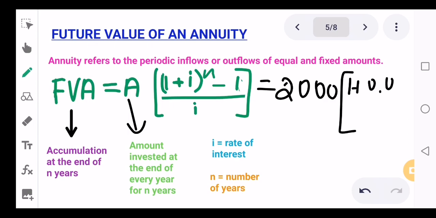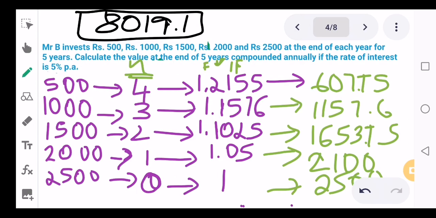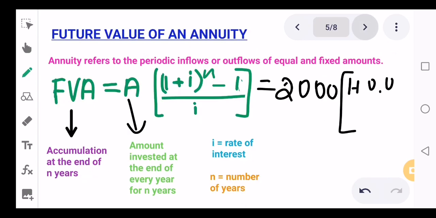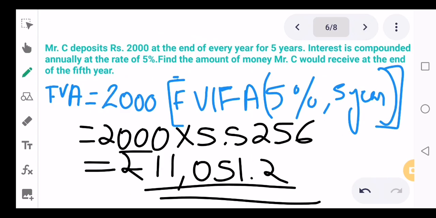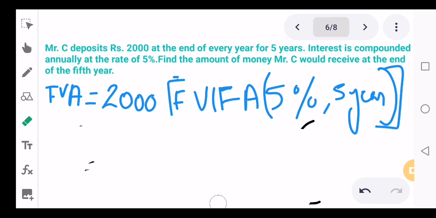There's no place here, I'll show it in another slide. Let me just delete all this. Again, what are we doing?